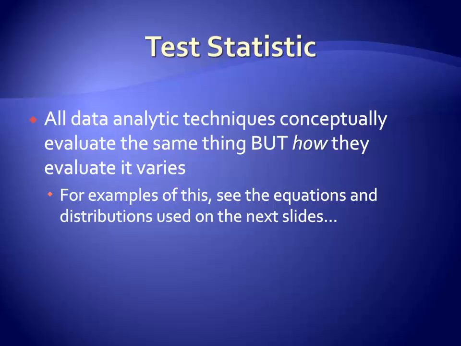This process is mimicked by all univariate data analytic techniques that we'll discuss in this class. But how they do it varies based on the types of equations and distributions used. Let's look at a couple of examples of this.